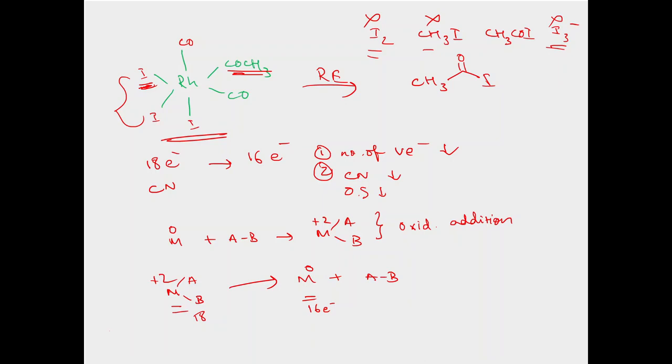Actually, I too don't know the exact reason for this. But if you compare the bond distance or bond strength, the RH carbonyl bond strength is more than the RI bond. I think here I2 is more probable for elimination reactions.